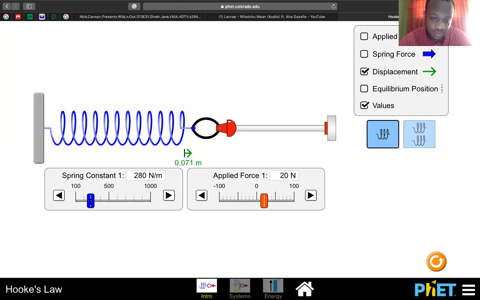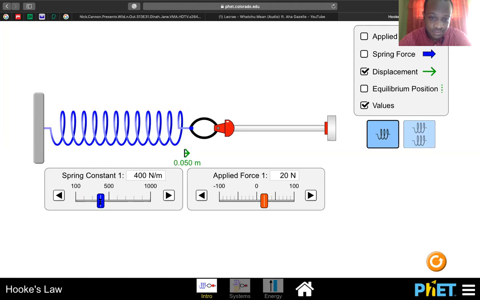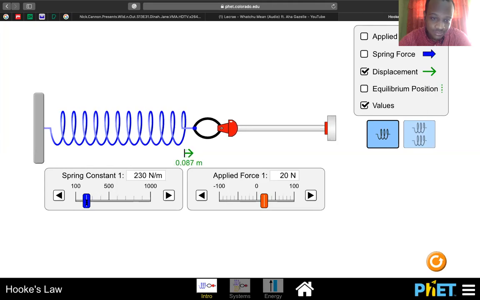Now, if we increase our spring constant, look what will happen. We see that the extension is decreasing, but the force is the same. So look at it again. It was at 200 newtons per meter, our applied force is 20.